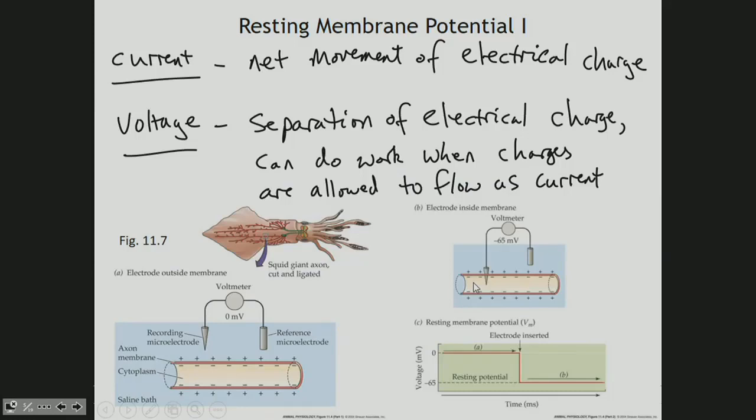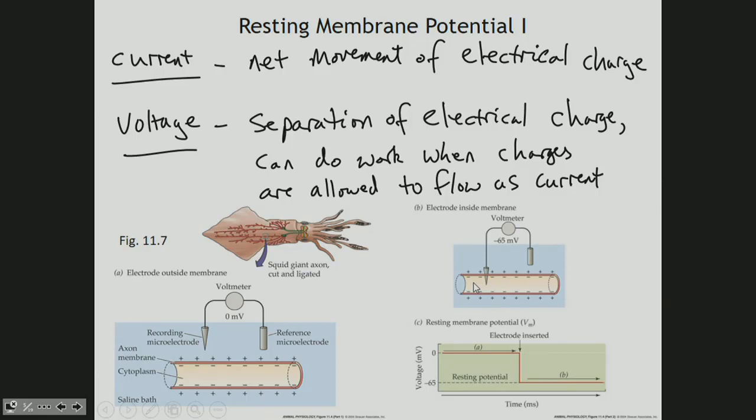So let's talk a little bit about resting membrane potential. We want to talk now about how those signals are being conveyed. In order to think about how signals are conveyed through a nervous system, we need to first talk about what's happening to a cell in terms of its membrane potential.